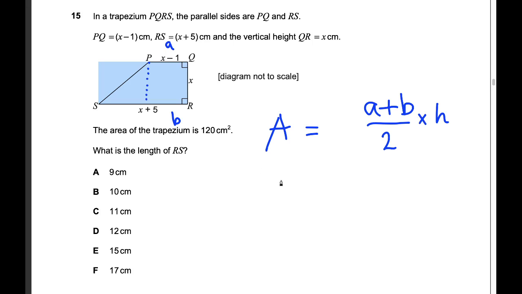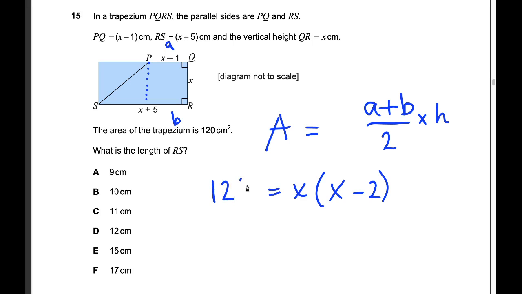So A plus B divided by 2, that's going to sum to 2x minus 4. 2x minus 4 divided by 2 is just x minus 2. And then my height is just x. So I've got x minus 2 times x, and that is equal to 120 centimeters squared.